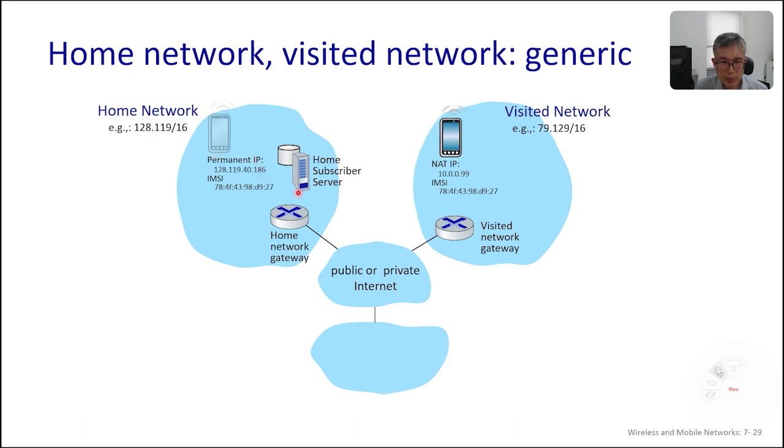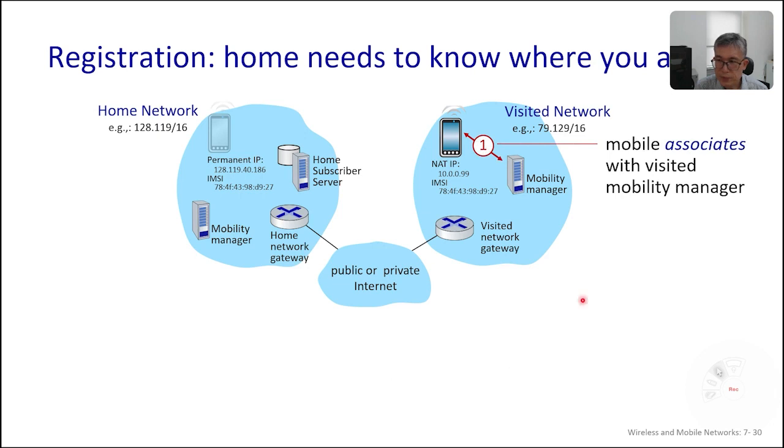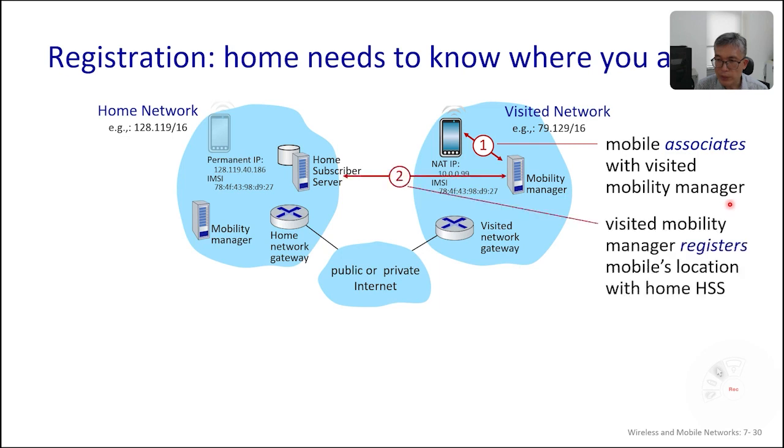Your device is connected to and registered with your home subscriber service, and the mobility manager handles handover. So a correspondent node tries to connect to you. The mobile device associates with the visited mobility manager first, the MME in the 4G LTE case. The visited mobility manager registers the mobile location with the home HSS, home subscriber service.